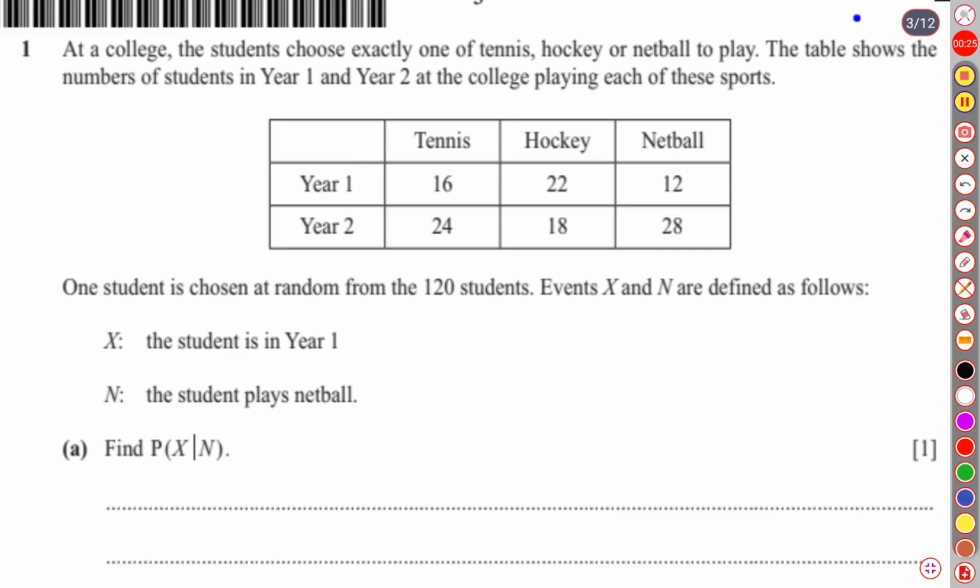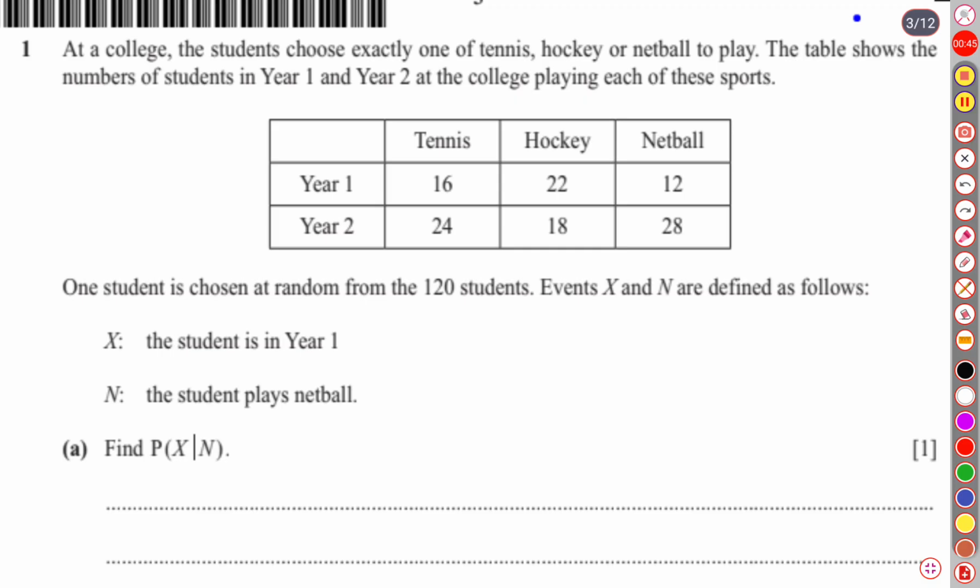It says, at a college, the students choose exactly one of tennis, hockey, or netball to play. The table shows the numbers of students in year 1 and year 2 at the college playing each of these sports.